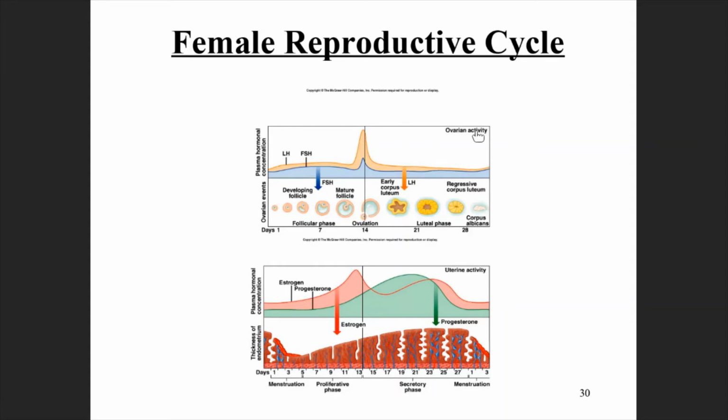This is what occurs in the ovary, and what occurs in the ovary must correspond to the event you see here, which is the uterus. These events have to coincide so that if you have a fertilized oocyte, it has somewhere to implant.